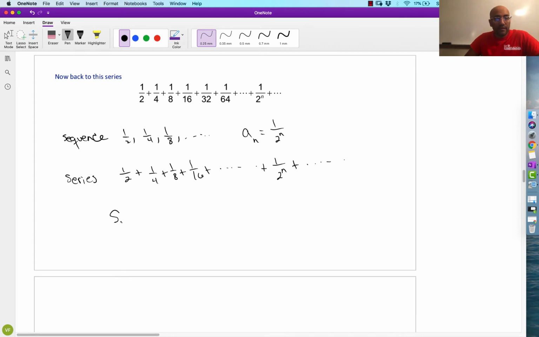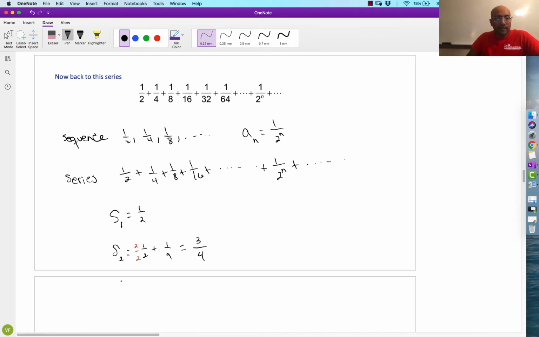So we have s sub 1, the sum of the first one on my list. Well, that's just going to be 1/2. Okay? And then s sub 2, well, that's going to be 1/2 plus 1/4. Let's put a common denominator here of 2/2, which gets me to 3/4.